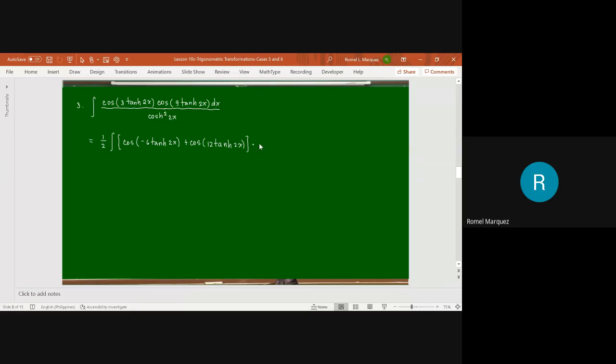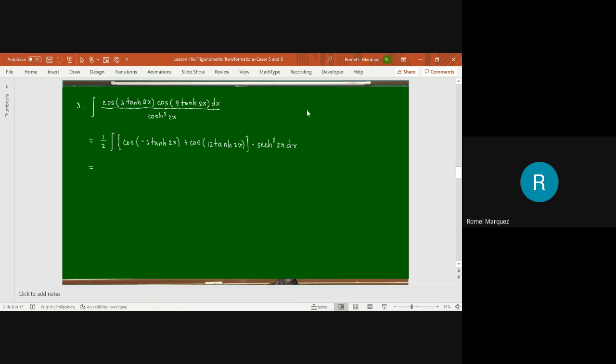When you bring it up, it is hyperbolic secant squared. Okay, guys? The derivative of hyperbolic tangent is hyperbolic secant squared, so no problem with this anymore. Just fix the constant later.